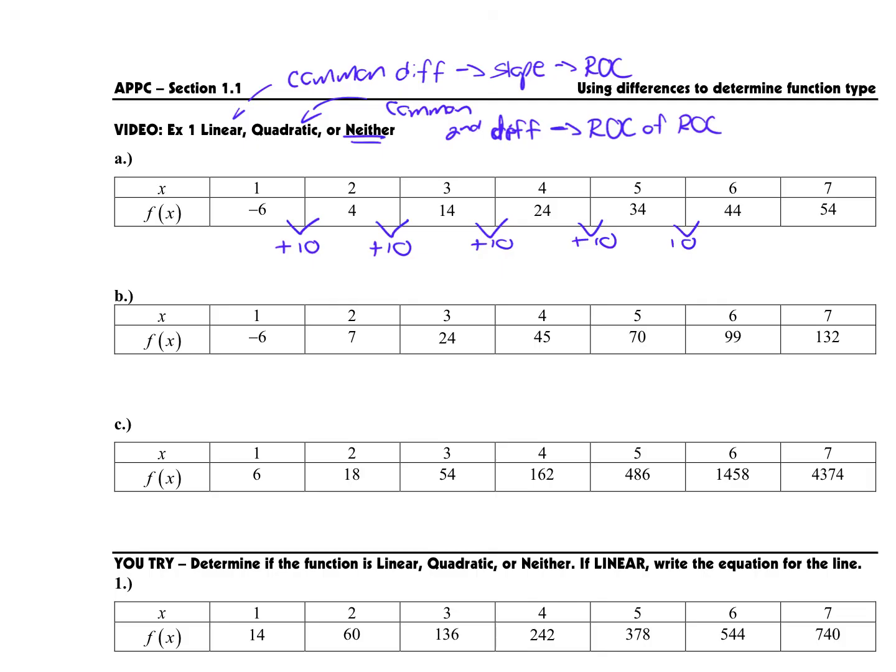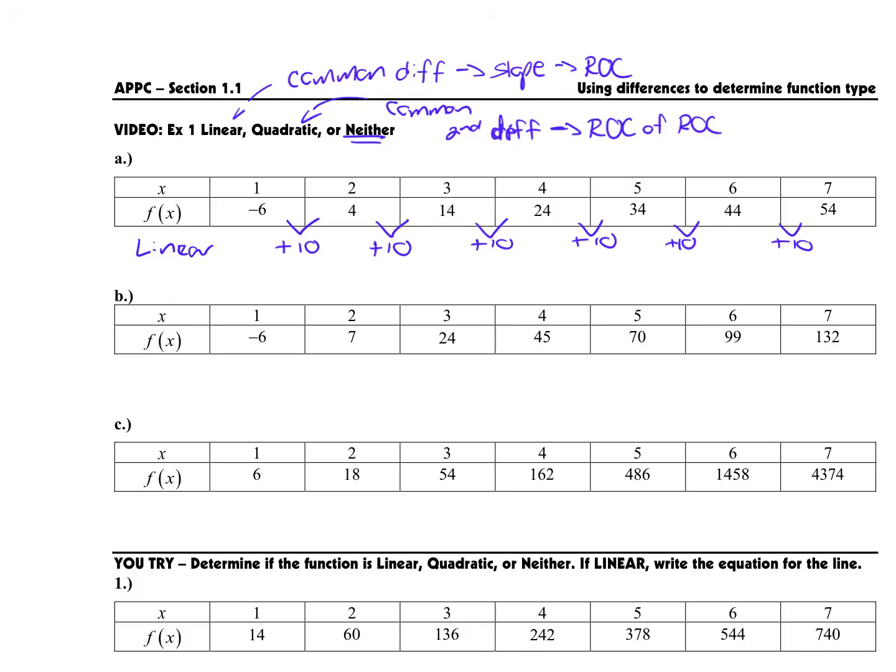That pattern continues the whole time. So this function is linear. This 10 is our common difference that we would also call the slope, and we will also now call the rate of change. So because it has a common difference, this one is linear.